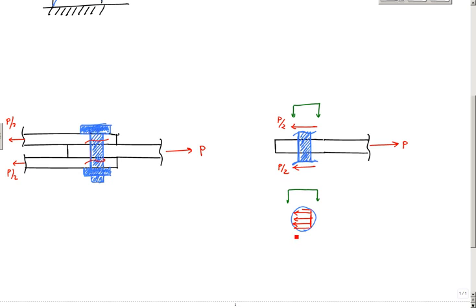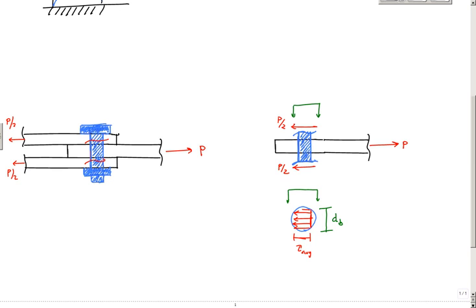And this right here would be my shear stress, tau. We'll call this tau average. This is my shear stress, and I have a diameter of this bolt right here. I'll call it dB.